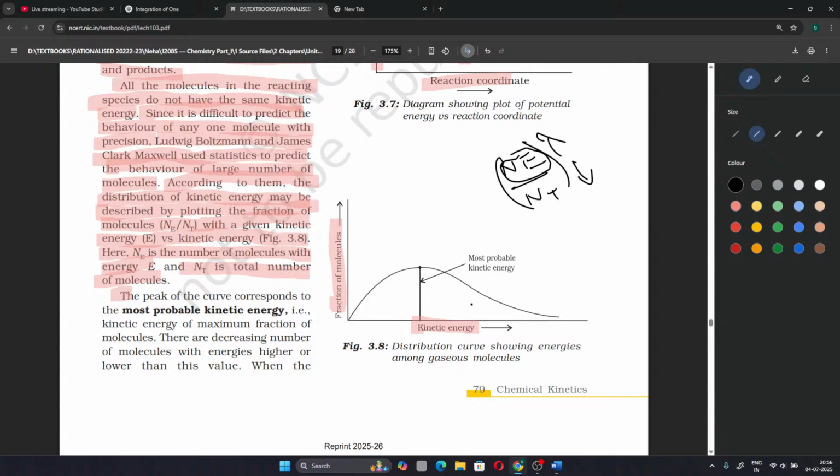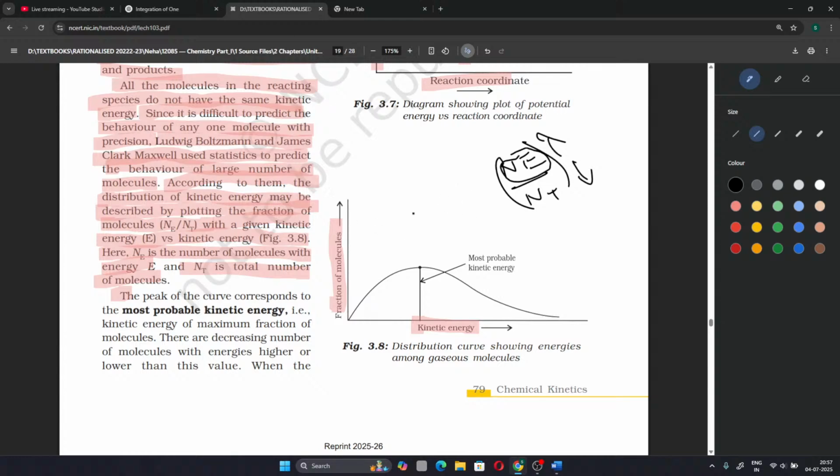That is why they plotted like this. As we move through this graph, the specific kinetic energy is changing. So this Ne value is continuously changing as we move through this graph. The total number of molecules will not change, but this fraction value will continue to change.